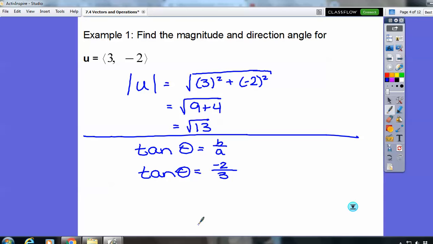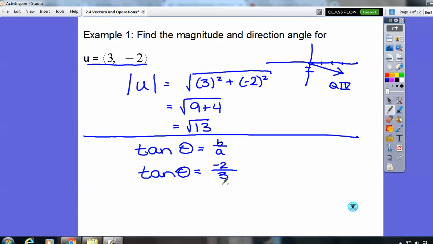So that means we're going to have to do tangent inverse. Tangent inverse exists in which quadrants? 1 and 4. If it's a negative, which one would it be in? 4. Okay. So if I'm going to look in quadrant 4, the other way you could get that, guys, is just look at your point. If you drew this picture, if you were going to plot this vector, it's at (3, -2). What quadrant is this vector in? 4. Quadrant 4. And that's probably the easiest way, just looking at it that way.